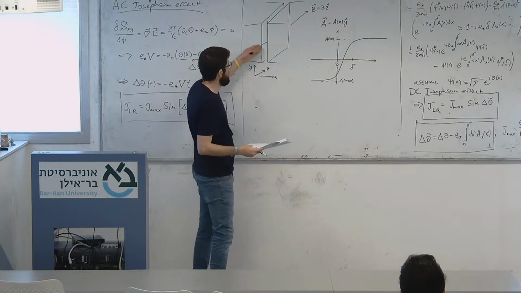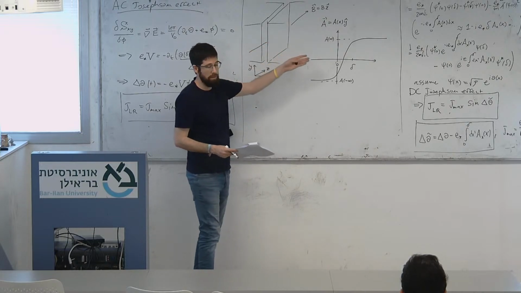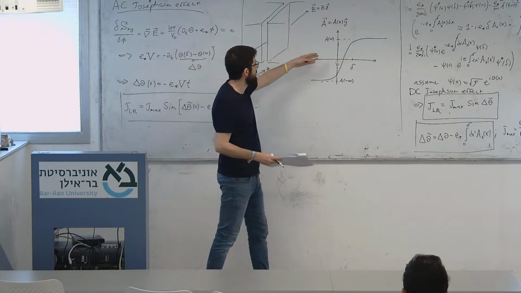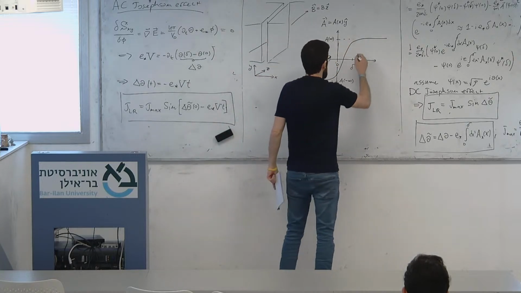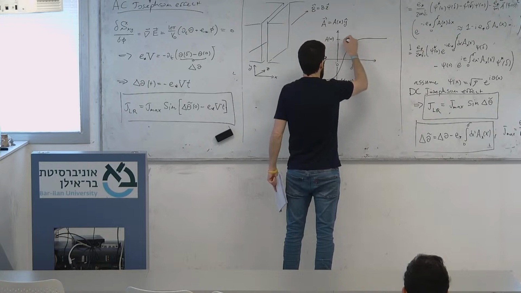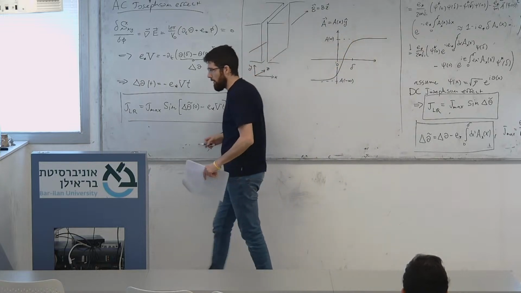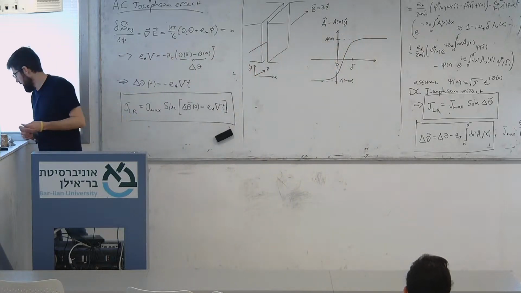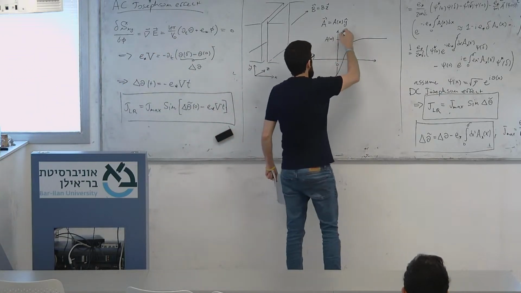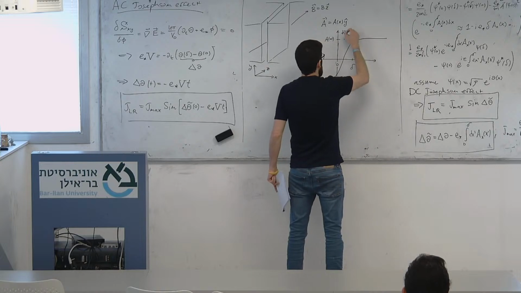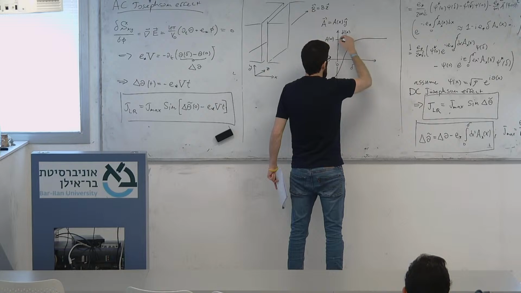What happens is that because the magnetic field is screened inside the superconductor, then A can only vary close here. And what you have here is that if we look at the magnetic field, H, let's do it dashed. If I plot H of X, then it's basically constant, okay?